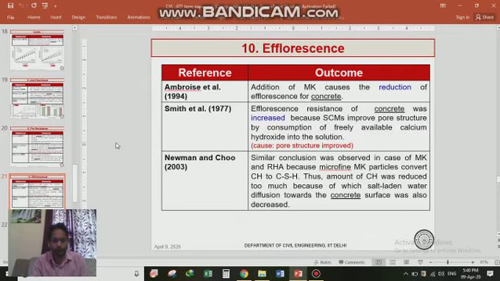But by incorporating suitable SCM, that CH reacted with the SCM and formed CSH gel. Therefore, white patches were not visible for these findings, or very insignificant white patches were developed.